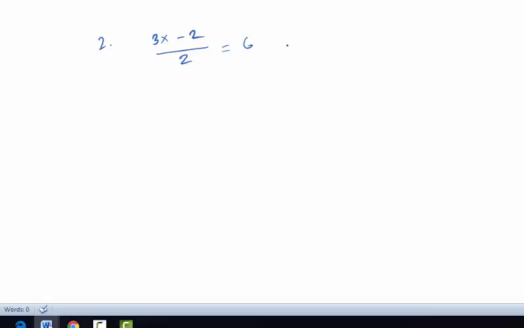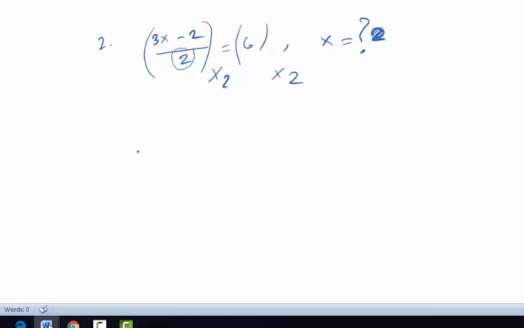What we have to find out is what x equals. To find that, we have to cancel this 2. How can we do that? We can multiply both sides of the equation by 2.